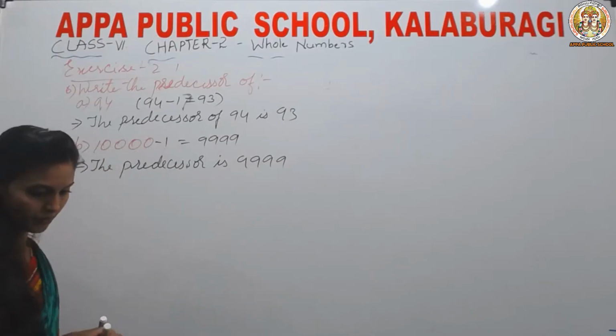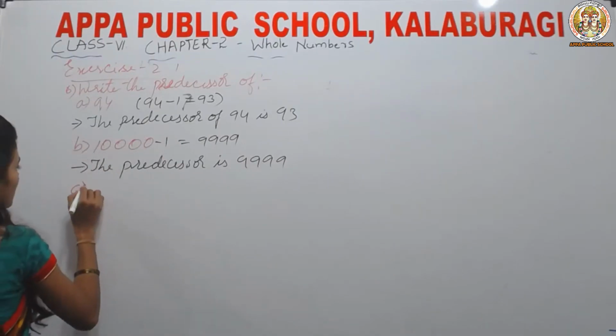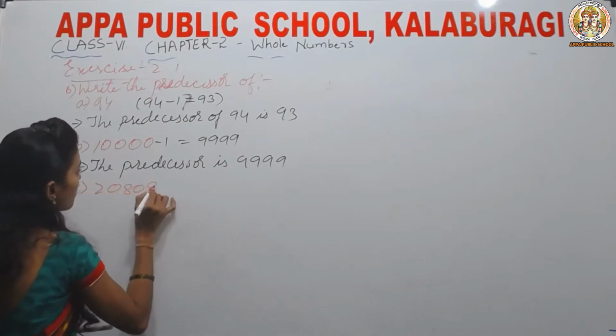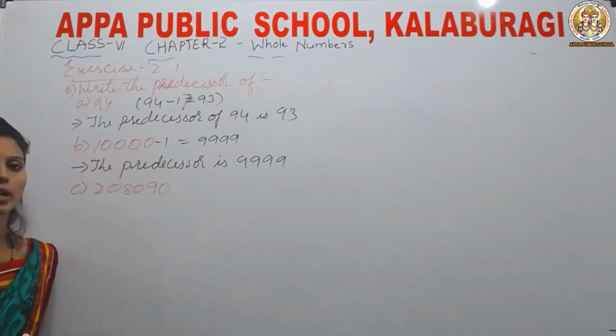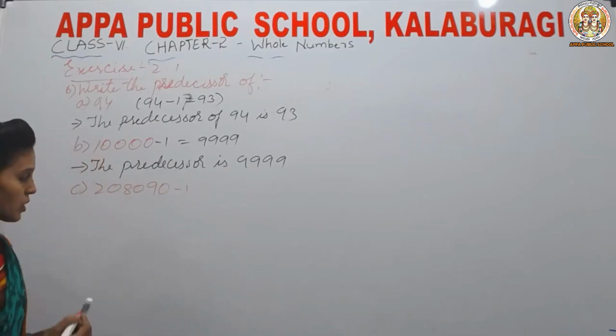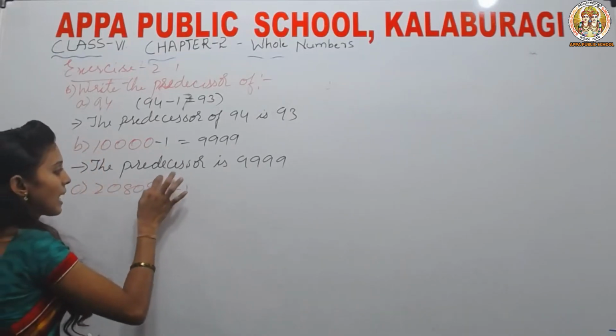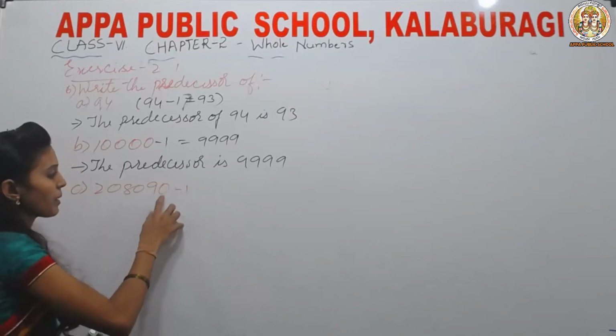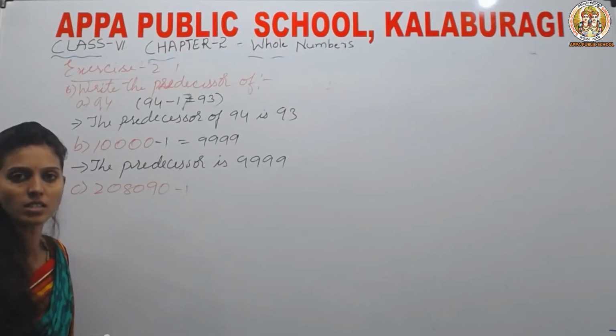Next one is 208090, the given number. So subtract 1. If you subtract 1, this last digit 90 will become 89. Remaining will be as it is.